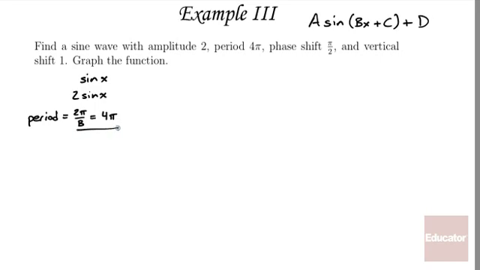When you solve that out, that tells us that b is equal to 1/2. So the b has to be equal to 1/2. So that means our equation is now 2 sine of 1/2 x. So we've incorporated the period. Phase shift.